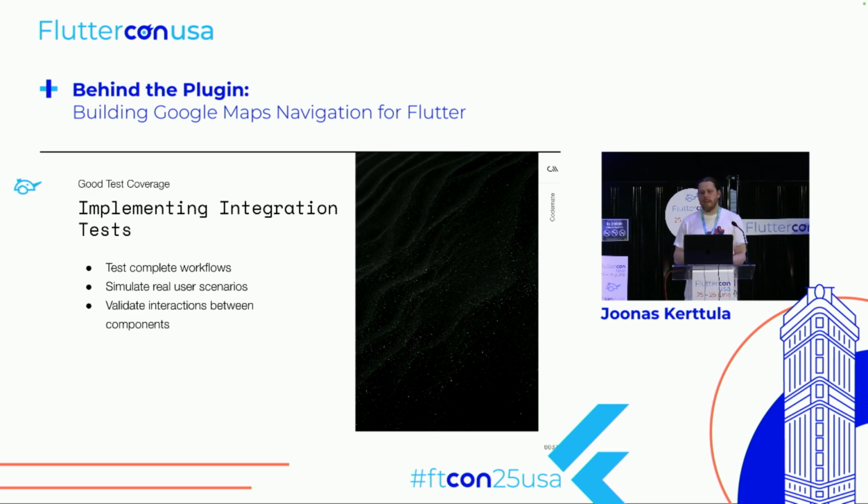For navigation SDK, integration tests are a little bit tricky because navigation SDK use real-time map data. For example, when you navigate from point to point, sometimes in the integration test there might be traffic and sometimes not. So we have to be really careful where we test those areas in the map.